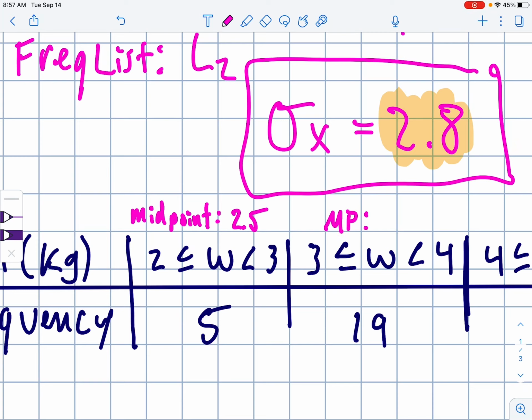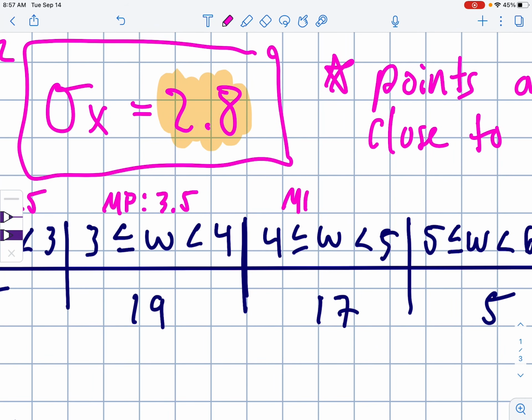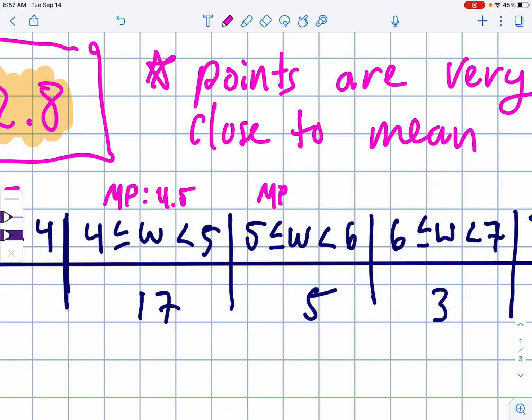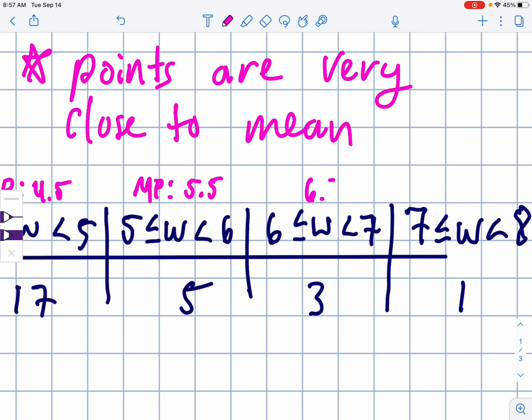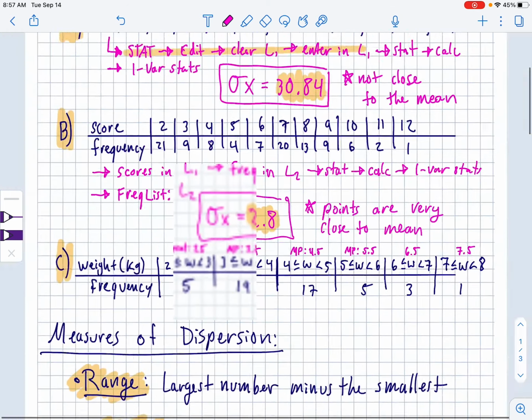The midpoint, I'll just use MP, of 3 and 4 is 3.5. And then the midpoint of 4 and 5 is 4.5. And then the midpoint here is 5.5. These are essentially going to be your X values, your scores.